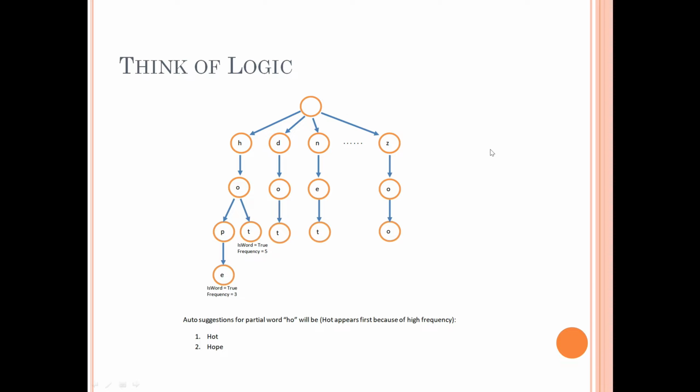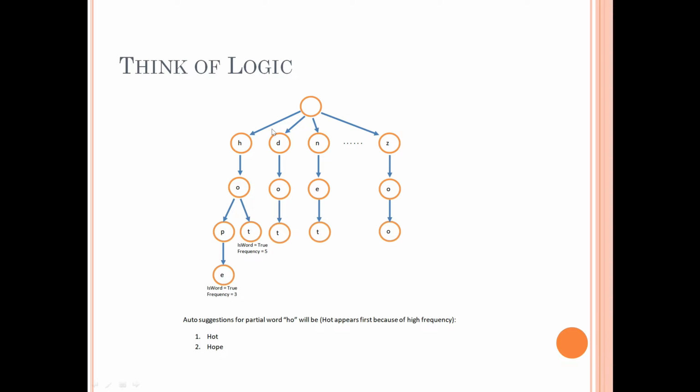So suppose someone enters one word called hope, H-O-P-E. First we create a node called H and add it into the children of this root. Then the child of H will be O, and the child of O will be P, and the child of P will be E. So this is how we create H-O-P-E, hope. Now next word, suppose I want to enter H-O-T, hot.